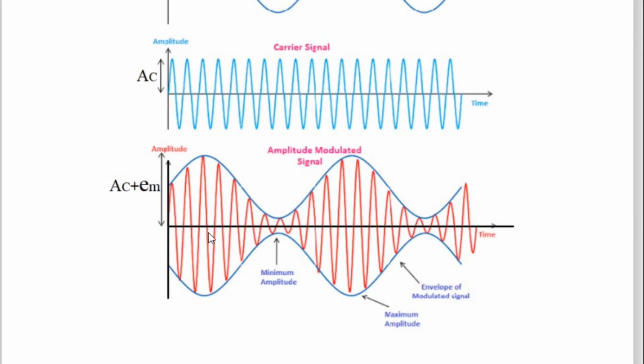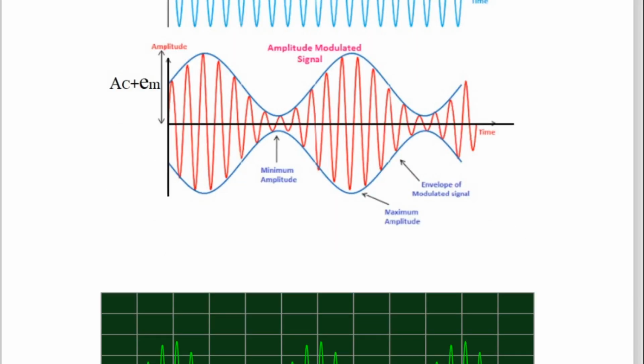So our information is inside the envelope, but here the information is outside the envelope, and the carrier is inside the envelope. In day-to-day life, the envelope is a carrier, and inside the envelope there is information. So this is your electronic signal. Accordingly, we have to understand.